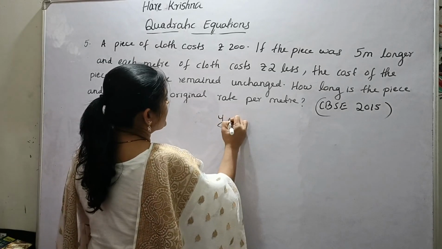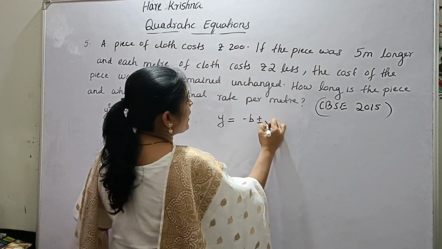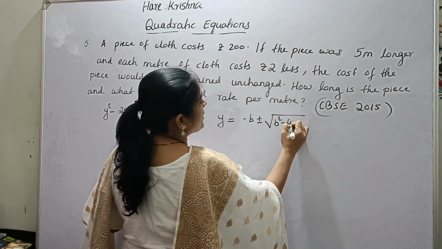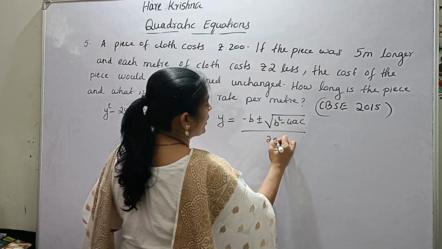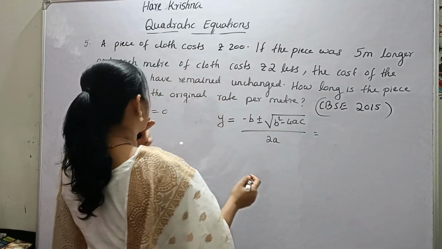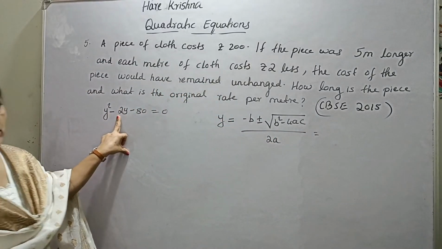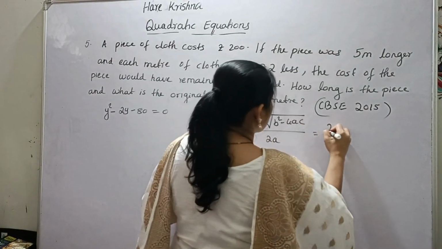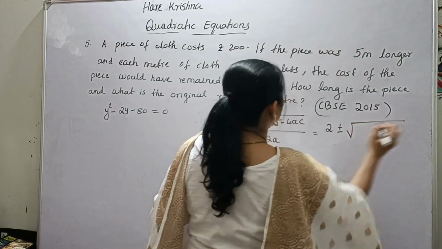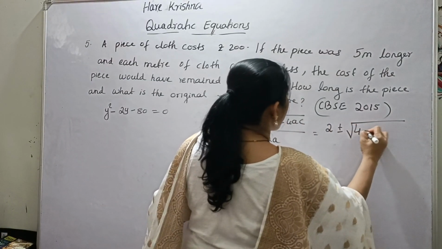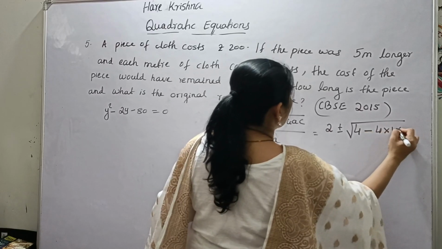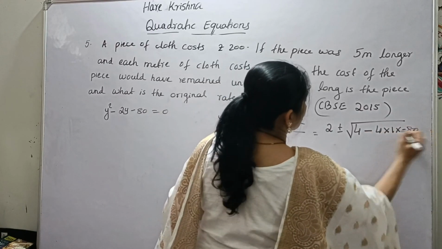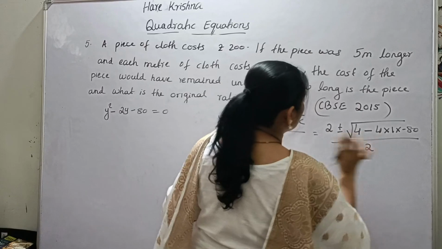That is y is equal to minus b plus or minus square root of b square minus 4ac divided by 2a. Here b is minus 2. So minus of minus 2, that is 2, plus or minus root of b square, which is 4, minus 4 into 1 into minus 80, divided by 2 into 1, 2.